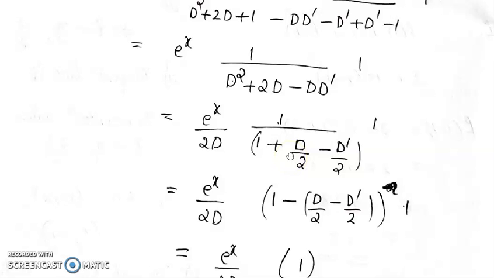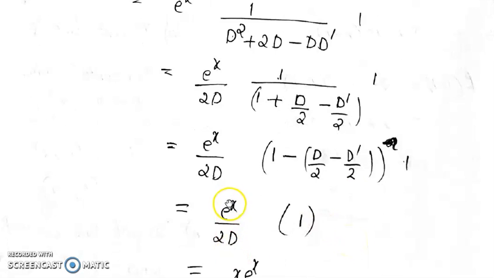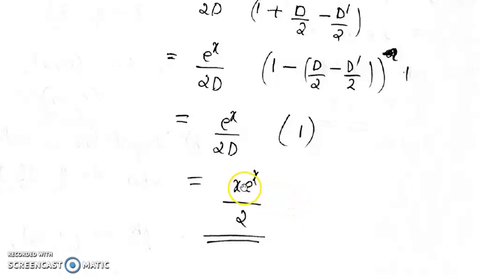So that is 1 minus x plus x square minus x cube, so on, of 1. Now when you apply the operator, you will get 1. So that is e raised to x by 2D of 1. Now integrate with respect to x, so that will give us x e raised to x by 2. So this is the required particular integral.